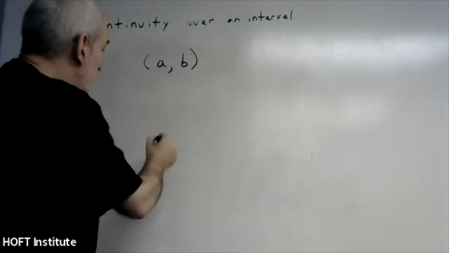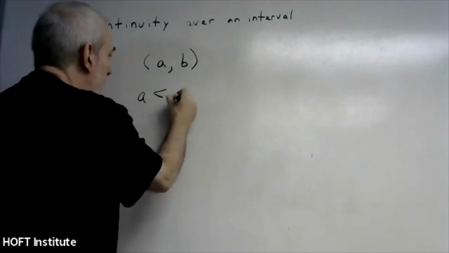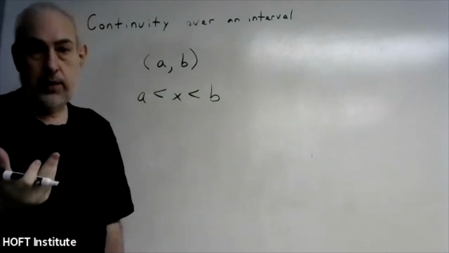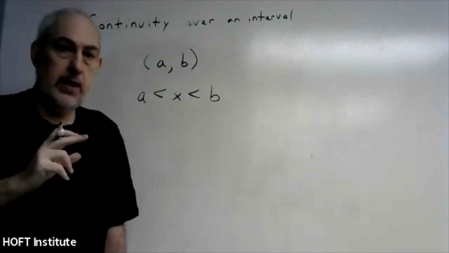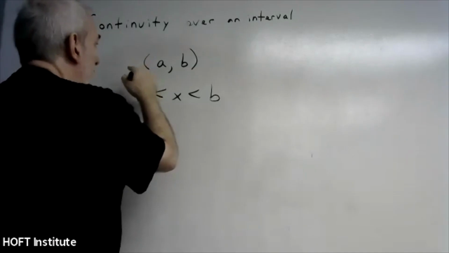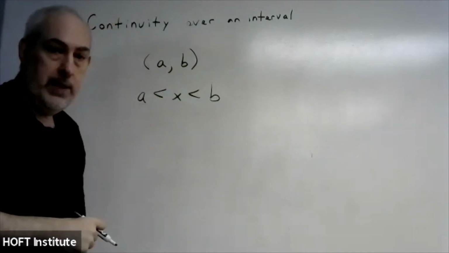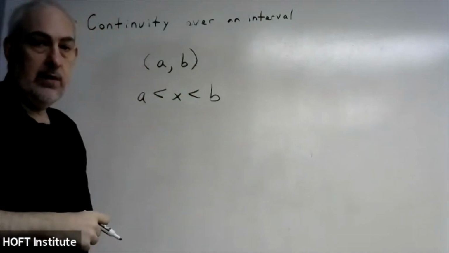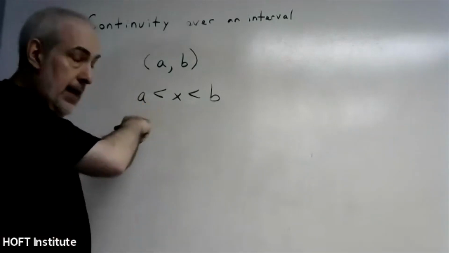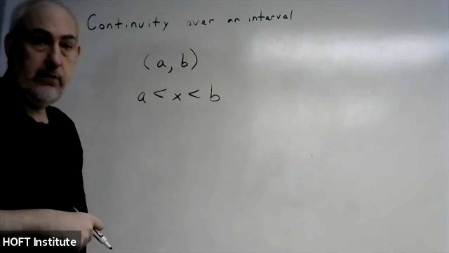That really means that x is strictly between a and b, not including a or b. So if a function is continuous over the open interval a to b, that means that it is continuous at every point x between a and b. So it's just that simple.